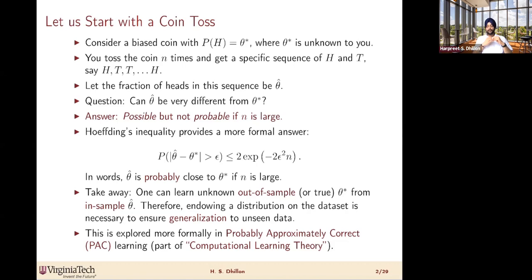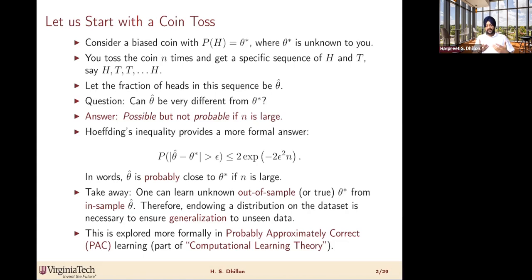Therefore, endowing a distribution on the data set is necessary to ensure generalization to unseen data. We touched upon this very briefly on the first day as well: why endowing distributions is important, or why making some assumptions about the mappings is important. Otherwise, the learning problem becomes hopelessly difficult.